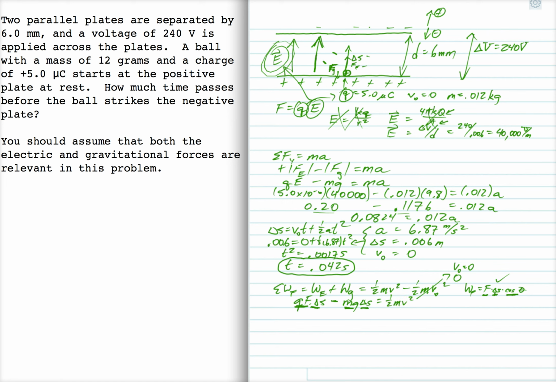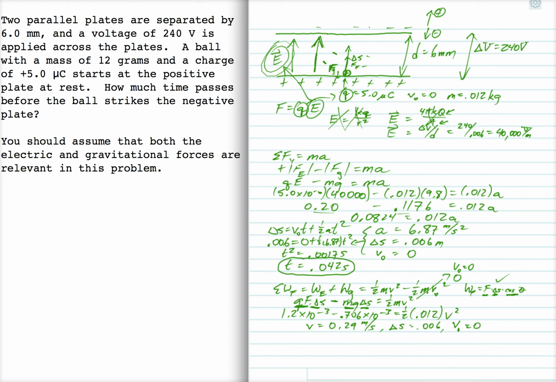Alright, so this is 1.2 times 10 to the minus 3, and this is 0.706 times 10 to the minus 3. That's equal to 1/2 times 0.012 v squared. And then if I solve for v, I get 0.29 meters per second. Okay, well, now I know v, I know delta S is 0.006, and I know V0 is equal to 0.